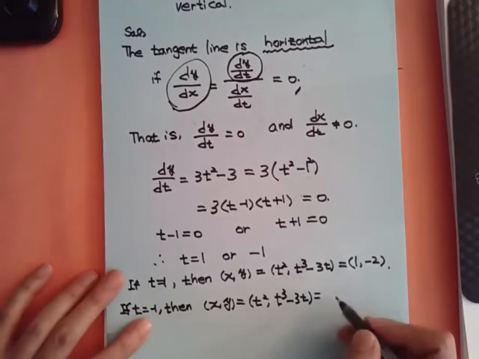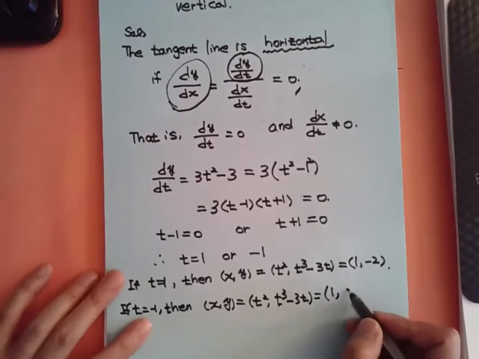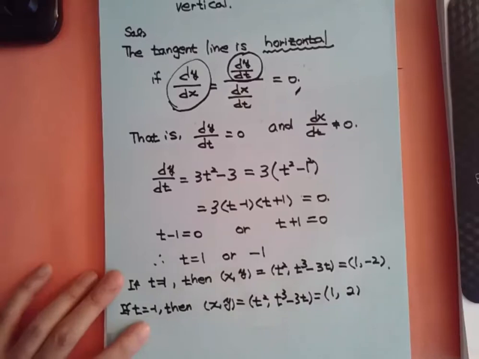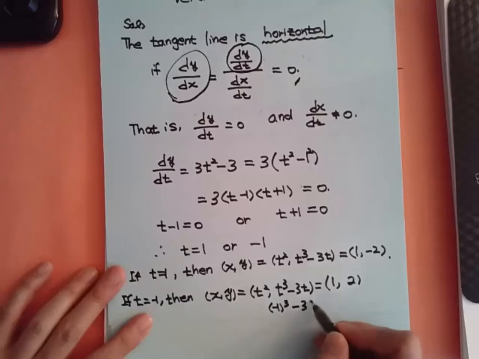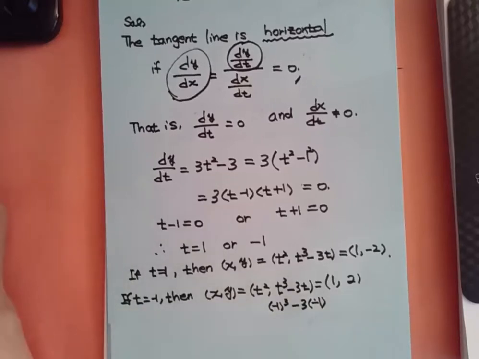And that is 1 and 2. Because -1 cubed is -1, -3 times -1 will make 3. 3 minus 1 is 2. So those are the points where the tangent line will be horizontal.